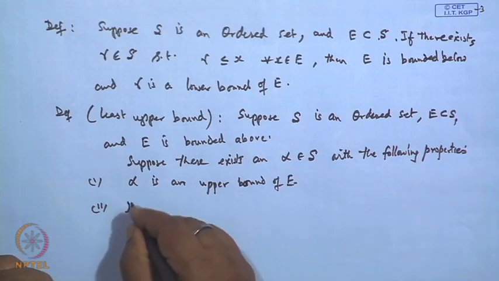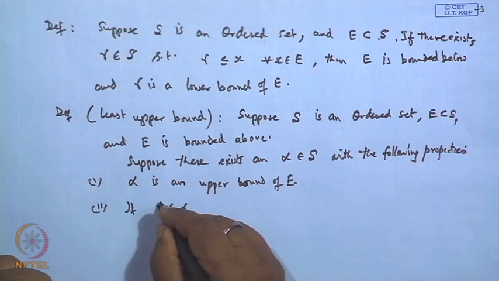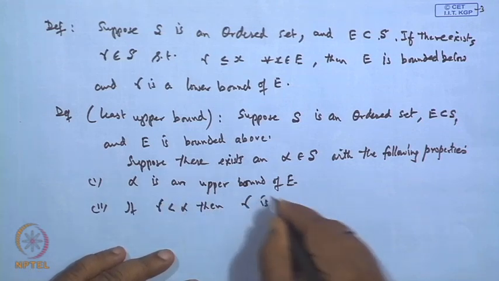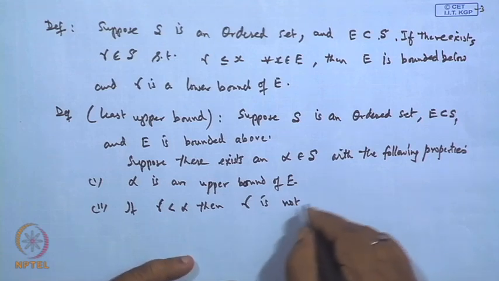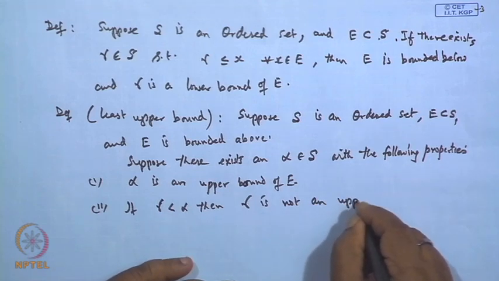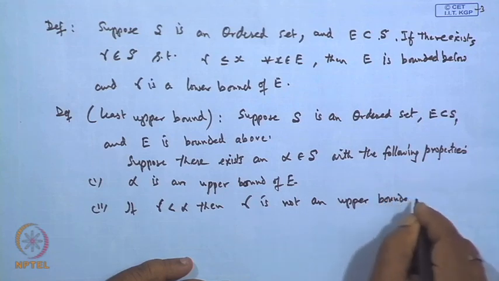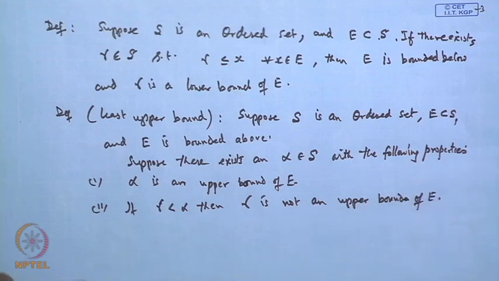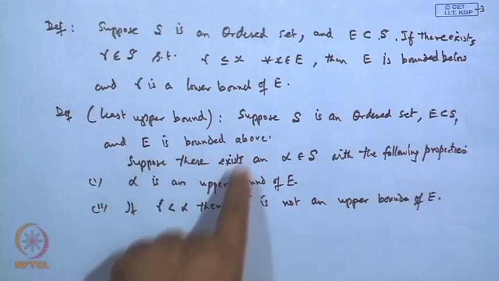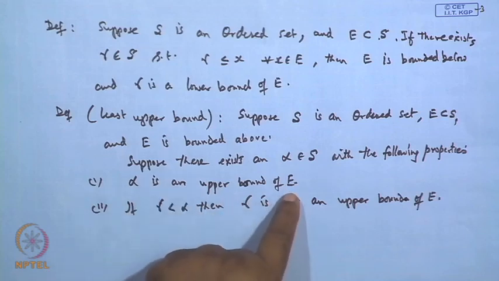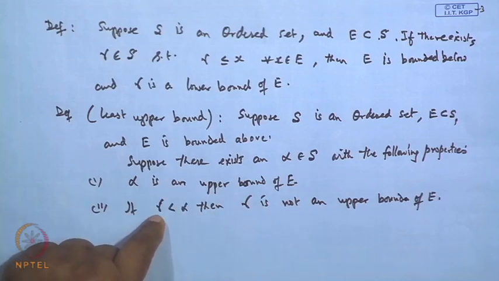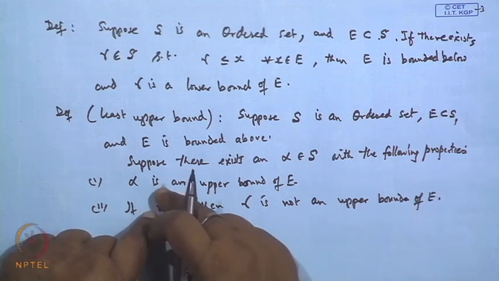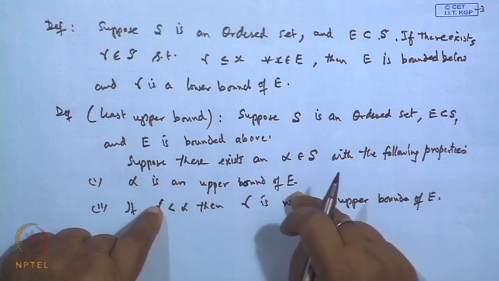If gamma is any number less than alpha, then gamma is not an upper bound of E. So, E is bounded above and alpha is an upper bound, but if we take a number slightly lower than alpha, that number will not be an upper bound. It means alpha is the least upper bound for E.